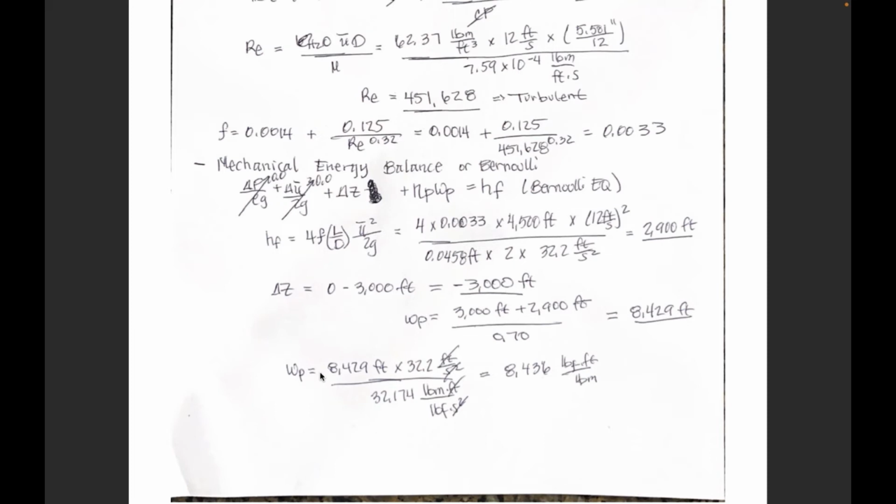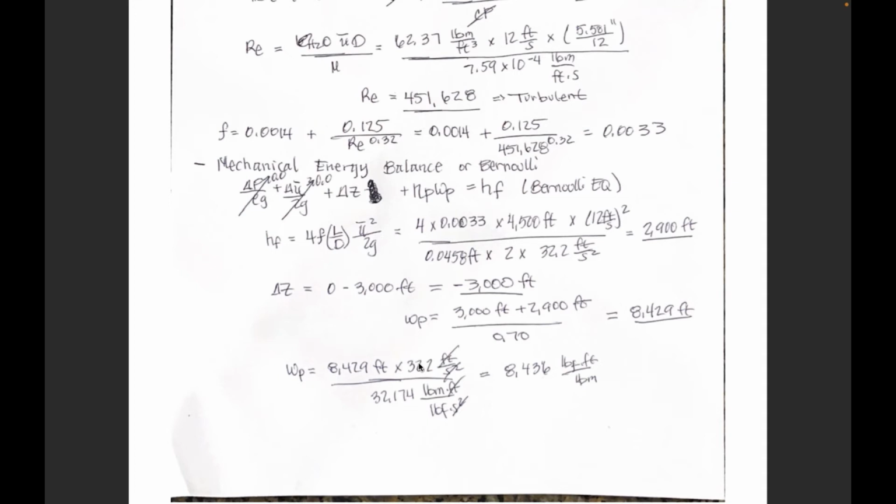But I guess this is good practice to help you convert from the head form to the energy form. So you multiply the head form by 32.2 feet per second squared and divide that by g sub c, 32.174 pound mass foot per pound force second squared.